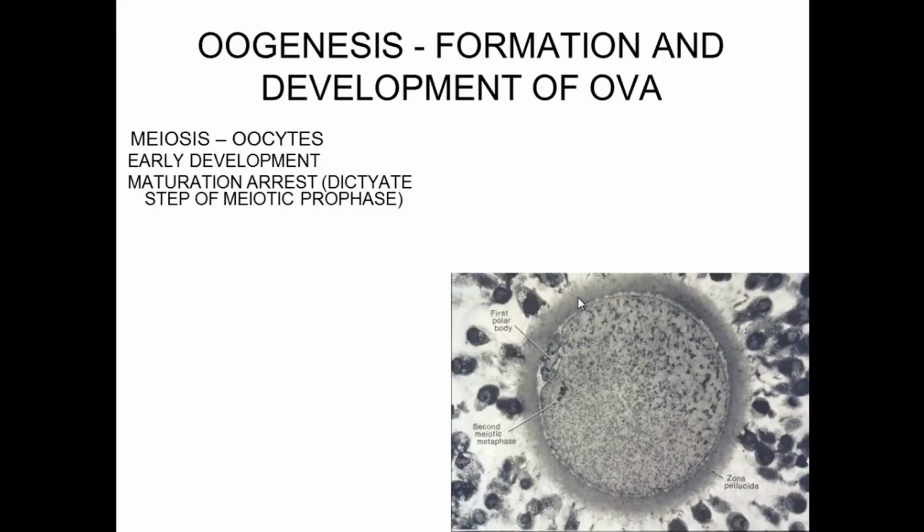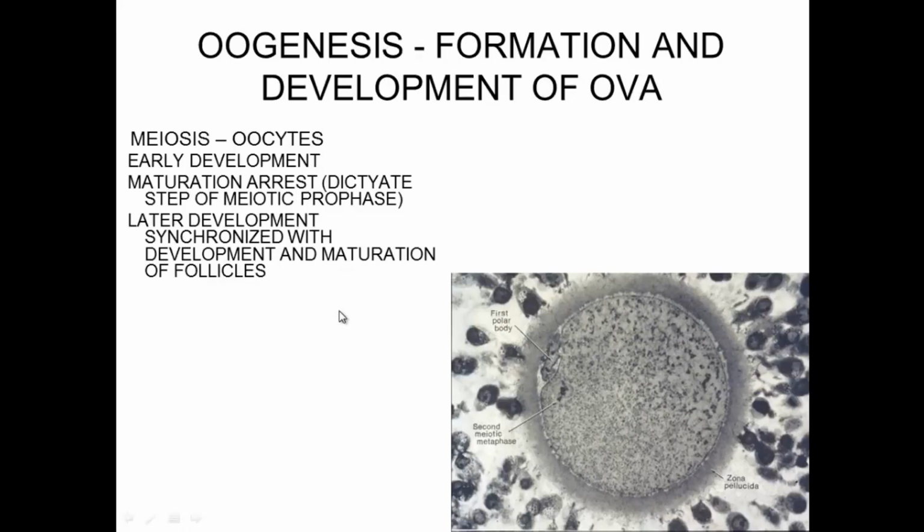So it's in the early stage, the dictyate stage, that the egg is found. So these are primordial follicles that you see there. This is not one because it's already got a polar body. And then later, the development is synchronized with the follicle. So it stays in that dictyate stage for a long time, and most of them die right there.